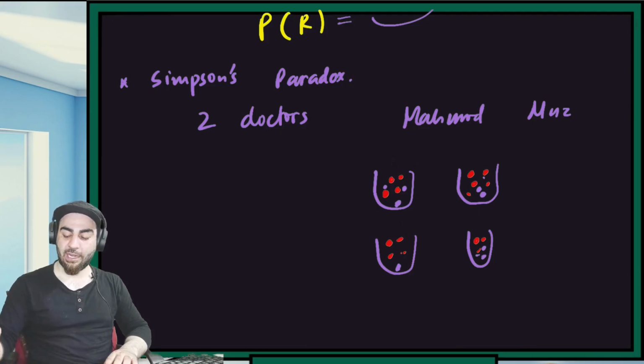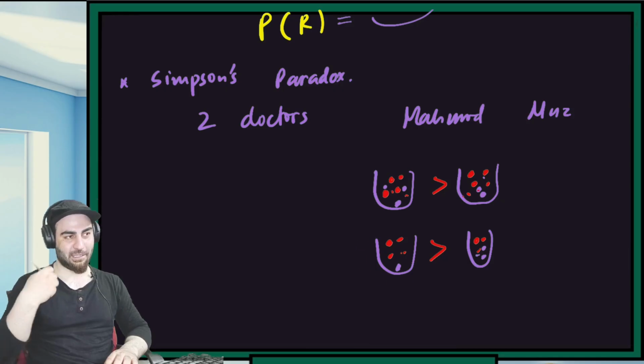So basically, if you have these 2 jars, the probability of getting your preferred candy from this jar is more than this jar. Okay, the probability that you will get the preferred candy from this jar is more than the probability of this. Similarly, I can do it for this also. I can say the probability of getting a candy from this jar, which you prefer, is more than this.